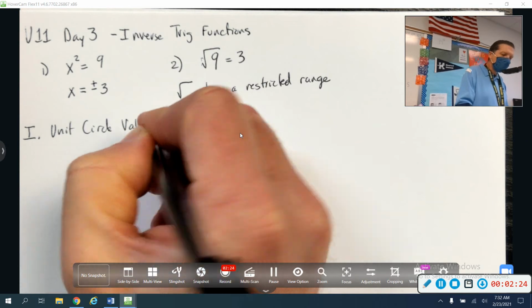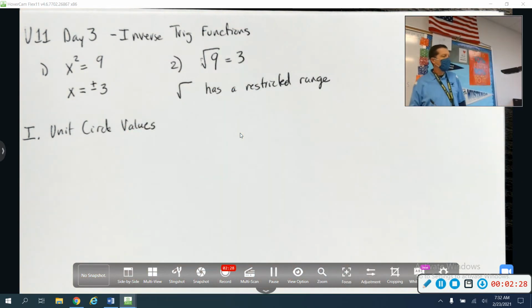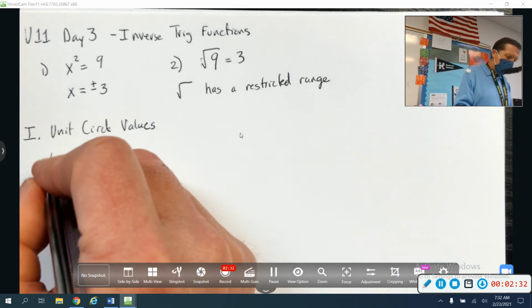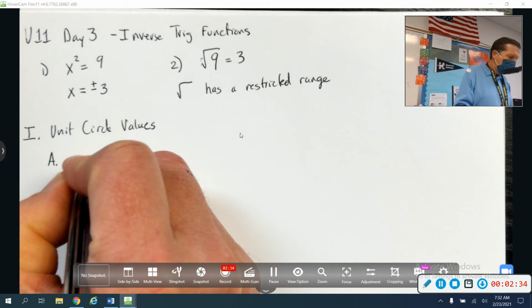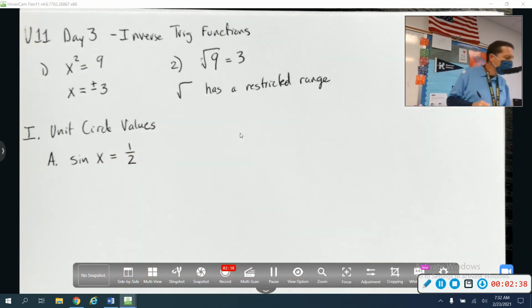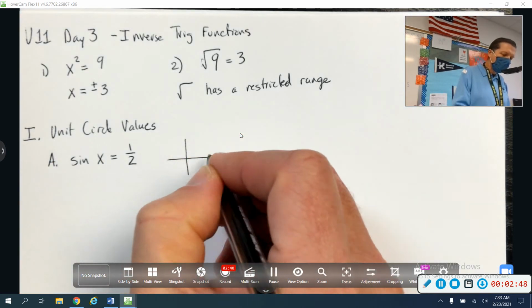So let's first talk unit circle values, and then we'll talk about picture problems. So let's say the sine of x equals 1/2. Sine of x equals 1/2. All right, well, you guys know the unit circle well enough, I think.